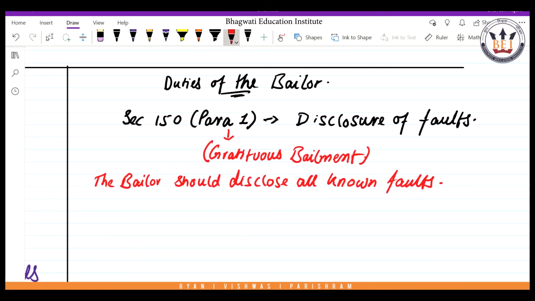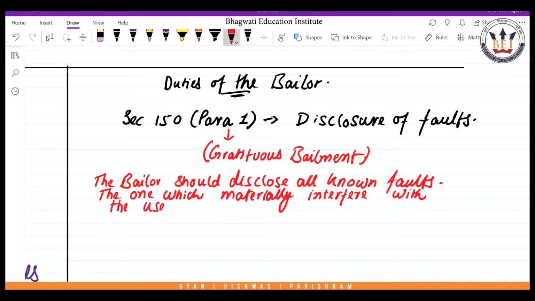What kind of faults? The ones which materially affect, materially interfere with the use of the product, right?